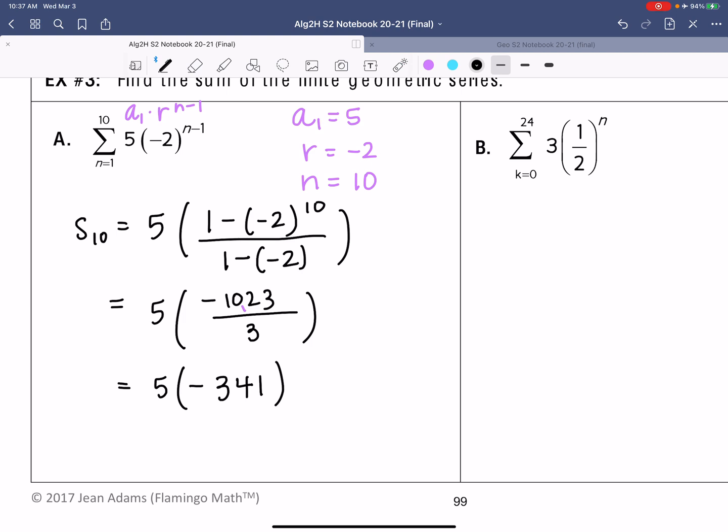So I get negative 341. Okay, and now we're going to multiply those two numbers together. So when I multiply those together, I'm going to get negative 1,705. So the sum of the first 10 would be negative 1,705.